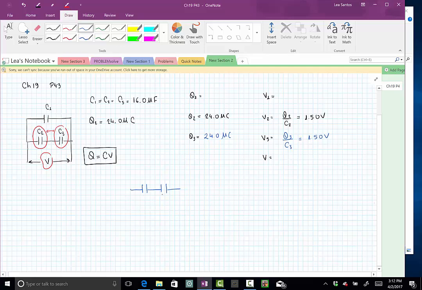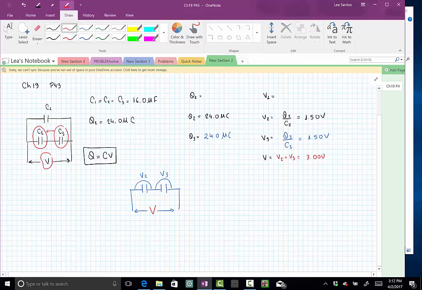This is capacitor C2 and C3, so we have here the voltage V2 and here the voltage V3. The sum of these two voltages in series has to be equal to the total one. So V is equal to V2 plus V3. We found the potential difference of the battery, which is 3 volts.